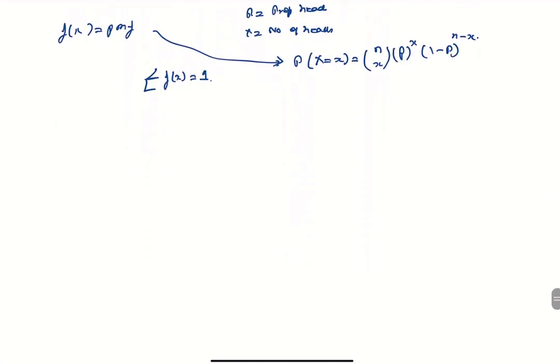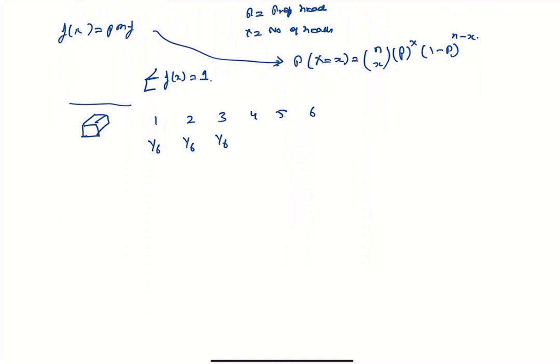The next is, what is the expected value of a binomial random variable? So if we roll a dice, we can get 1, 2, 3, 4, 5, 6, each with a probability of 1 over 6.